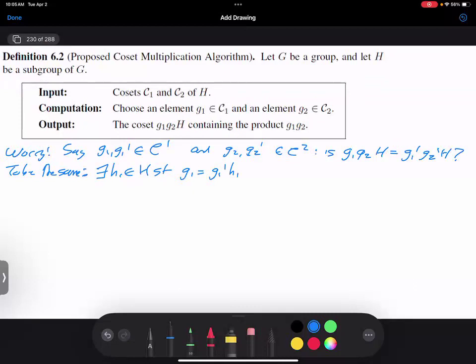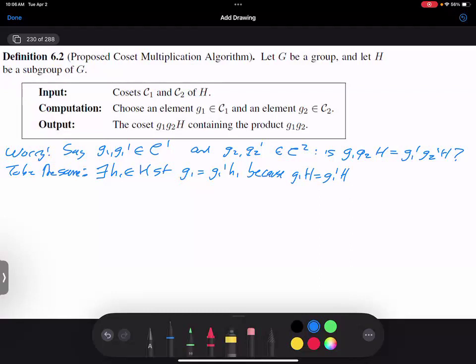Why is that the case? Well, this is because G1 H is equal to G1 prime H.